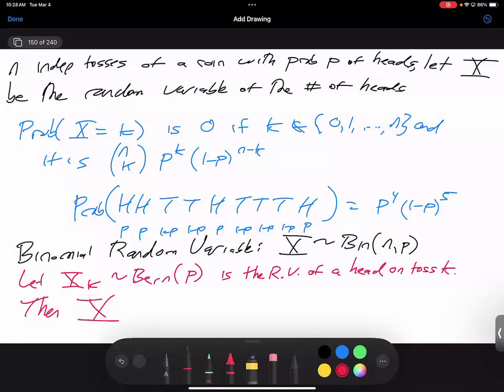Then our random variable X is just X_1 plus ... plus X_n. We're going to do a lot more with this. One way to view this is that the binomial random variable X is a sum of Bernoulli random variables. I could flip all n coins at once, have them come down and look at what happens, or I could flip them one at a time. It doesn't matter. And so these two are the same.